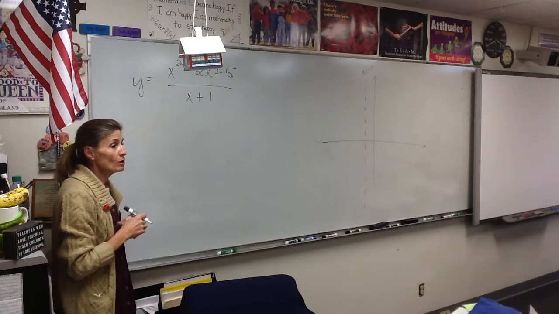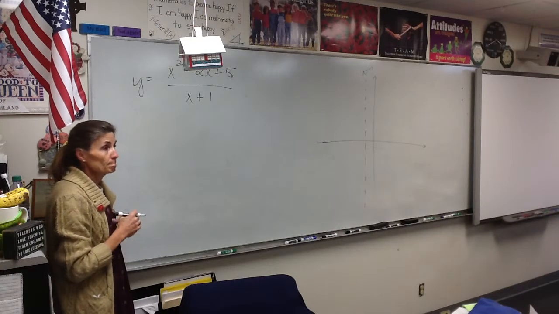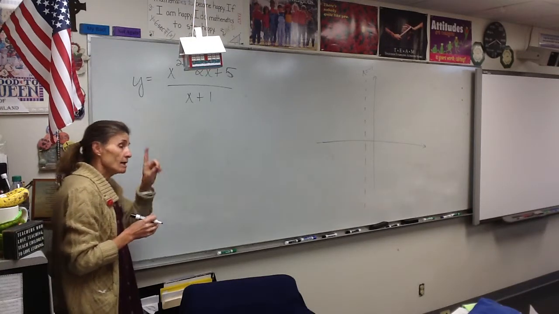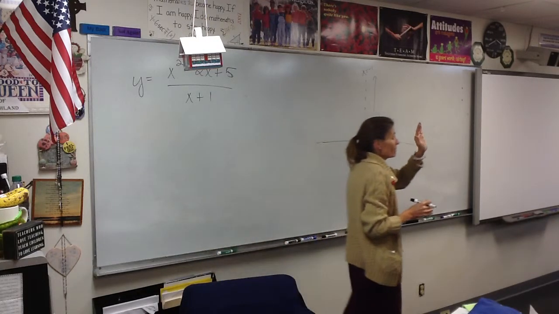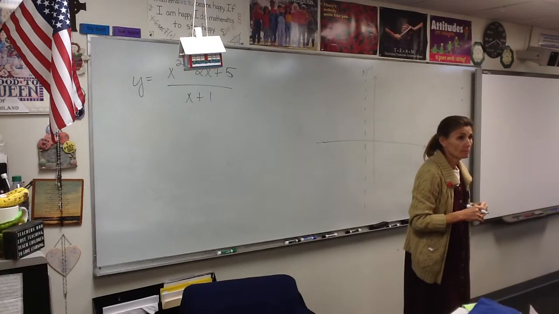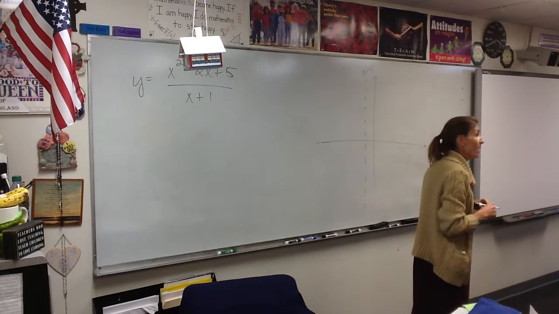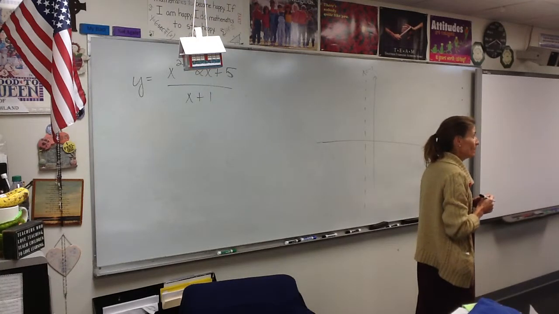What about a horizontal asymptote? Grace, you're shaking your head no, and you're correct. Why? Because the x on top is greater than the y. Exactly. Now, here's where we're going to diverge a little bit. There is absolutely no horizontal asymptote, but there is a different kind of end behavior asymptote.